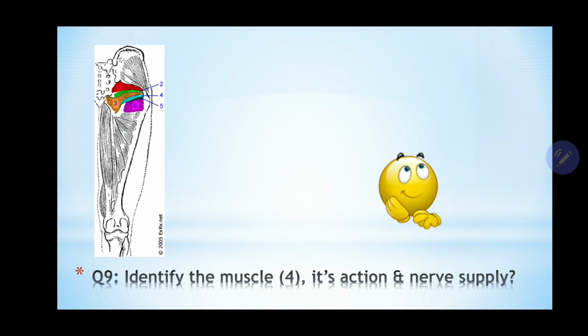These structures are nerve to obturator internus, then pudendal nerve and internal pudendal vessels. Got it? So the question is, why is this nerve to obturator internus going back?